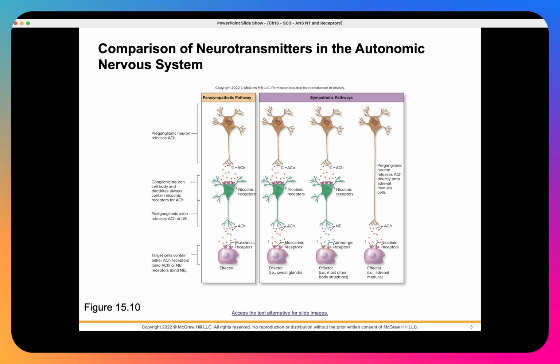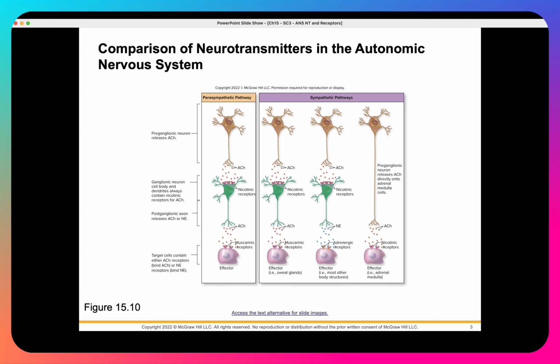Now, when we look at postganglionic neurons, we're actually going to be looking at a difference with respect to what branch of the autonomic nervous system it is. So let's take a look at the postganglionic parasympathetic neuron, and notice it also is cholinergic because it's releasing acetylcholine.